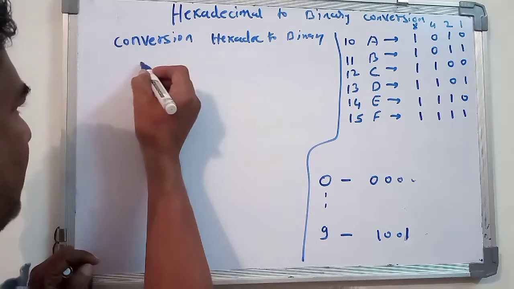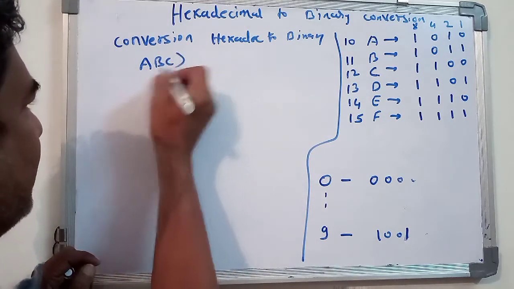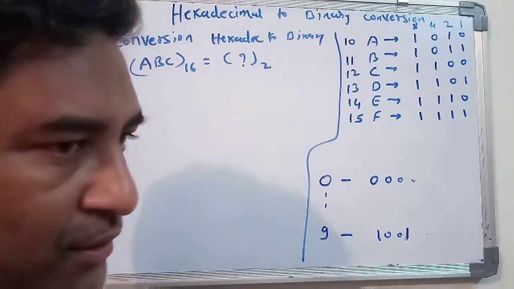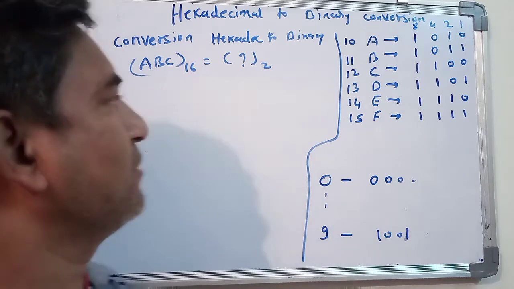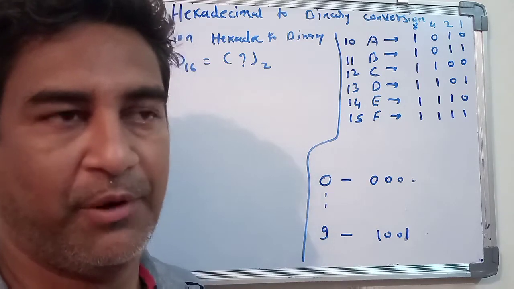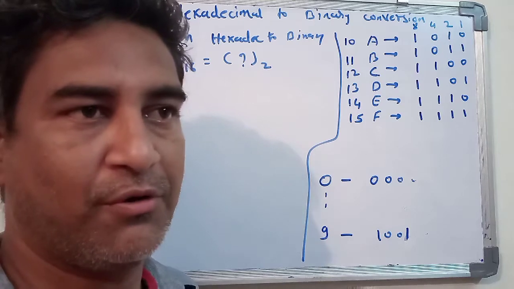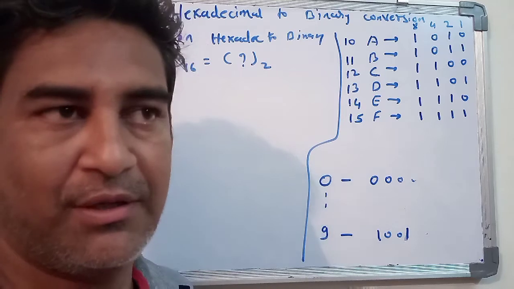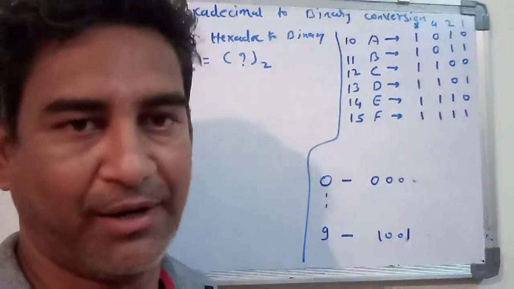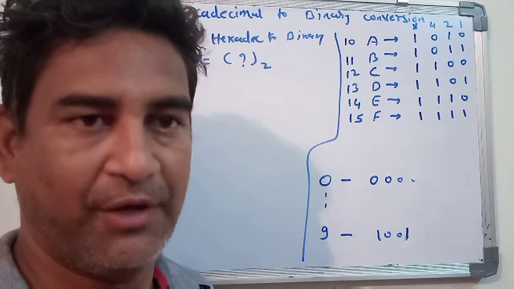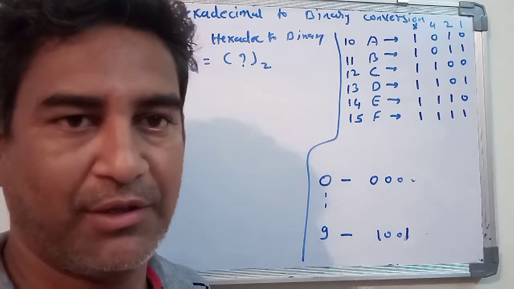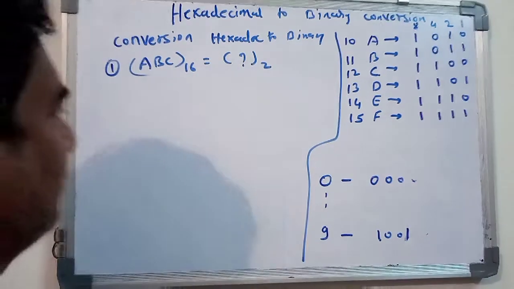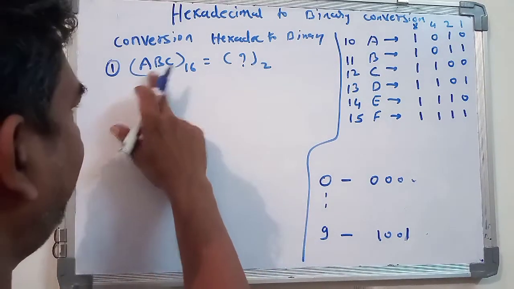Suppose you have ABC with base 16 equal to question mark with base 2. Listen students, these are small things you have to keep in mind, because in the examination this small question also carries some marks. A 4-digit conversion carries 4 marks according to the question; if it is a 3-mark question, you will get 3 marks.